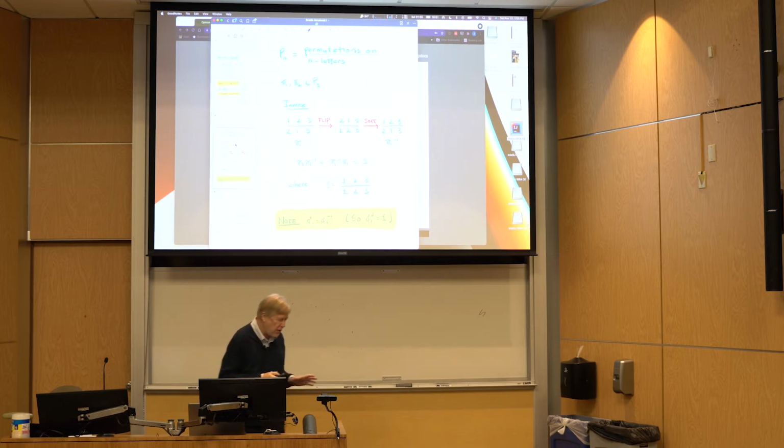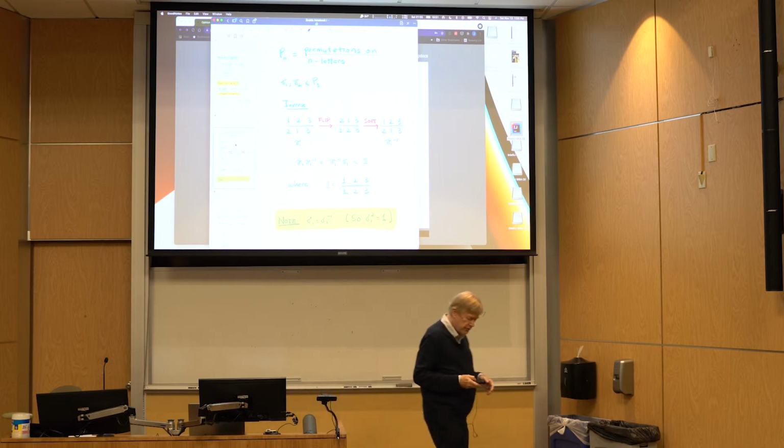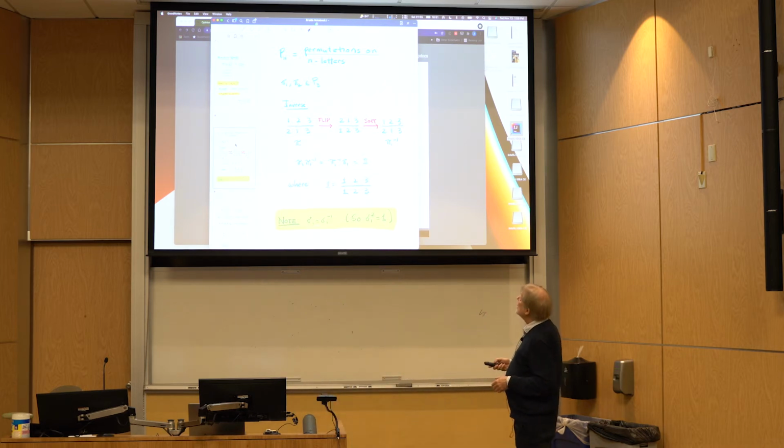Then the question is, how is this related to braid groups? Okay, well, actually, I guess I want to say a few more things about it. So in general, Pn is going to be the permutation group on n letters, 1, 2, 3, 4, 5 to n. And if we have a pair of permutations, we know how to compose them.